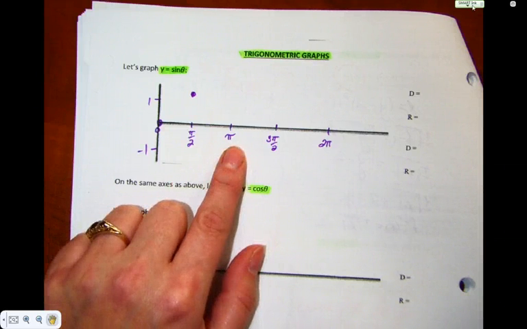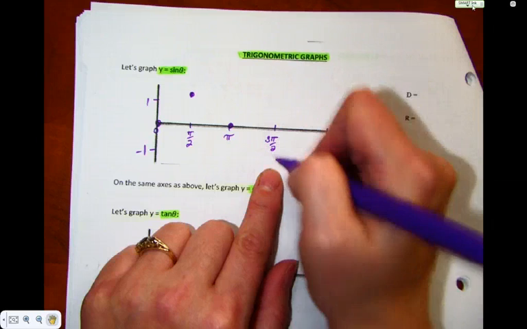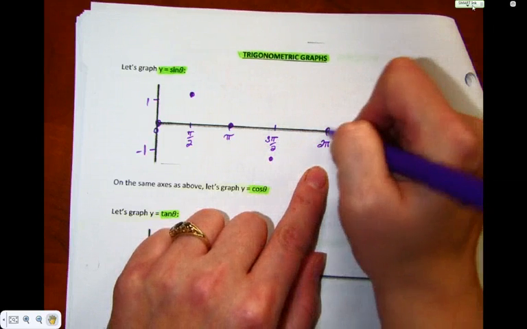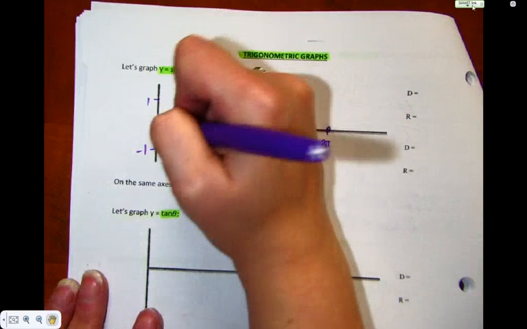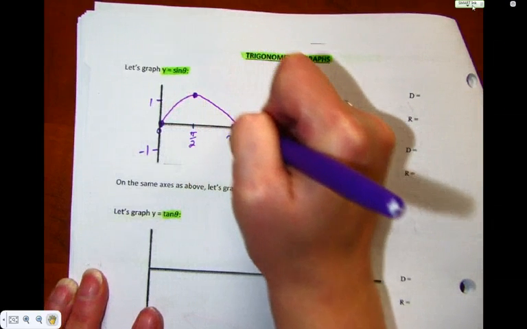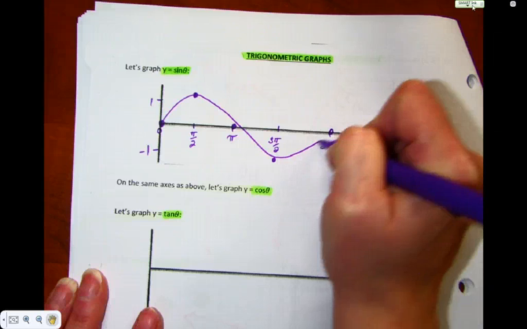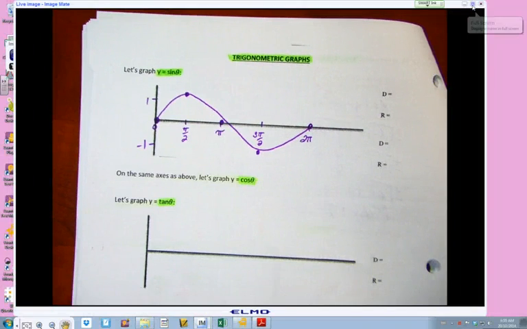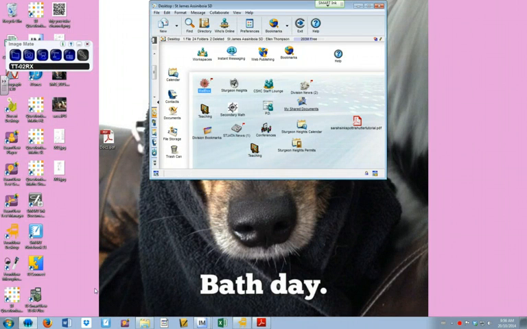Back to the left-hand side, 0. Bottom of the circle, and all the way back around. Here is your first trig graph. You notice they're nice curves. They're kind of parabolic. It's not straight lines like connect the dots.